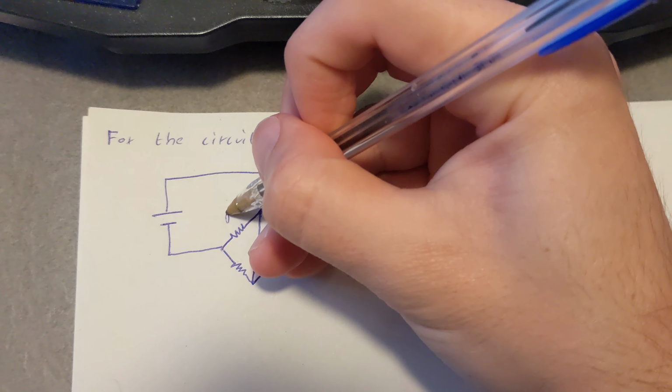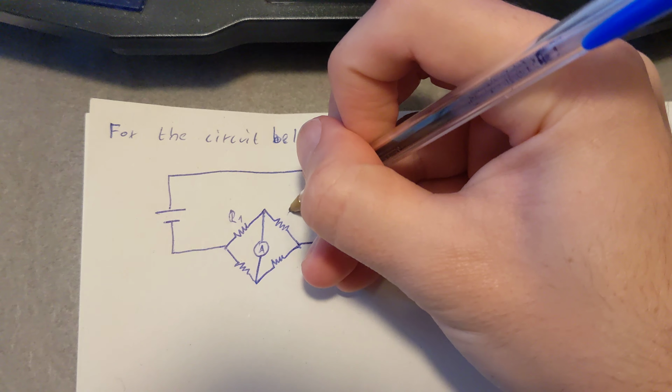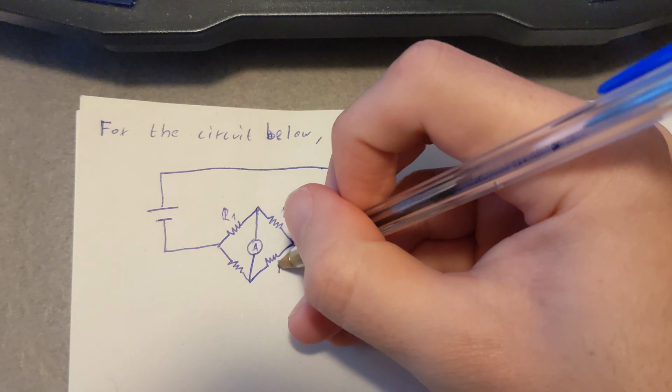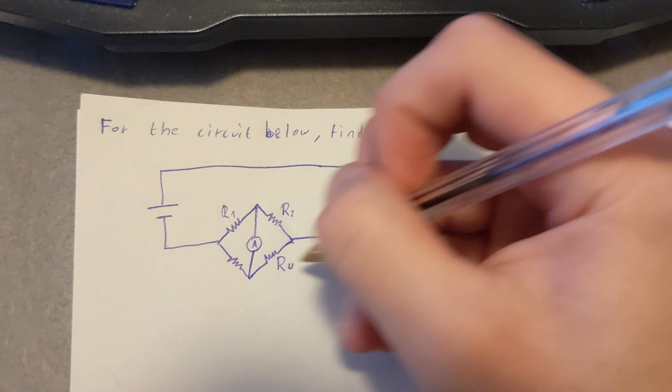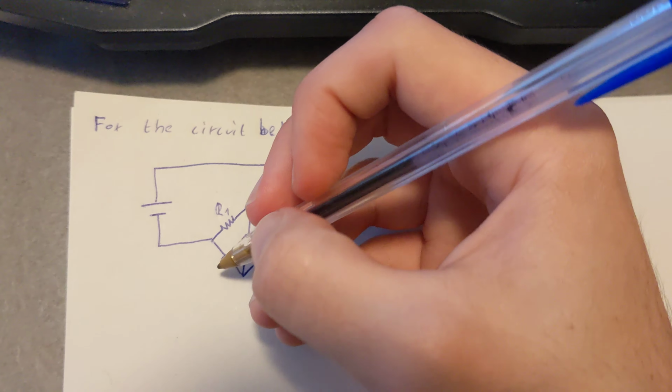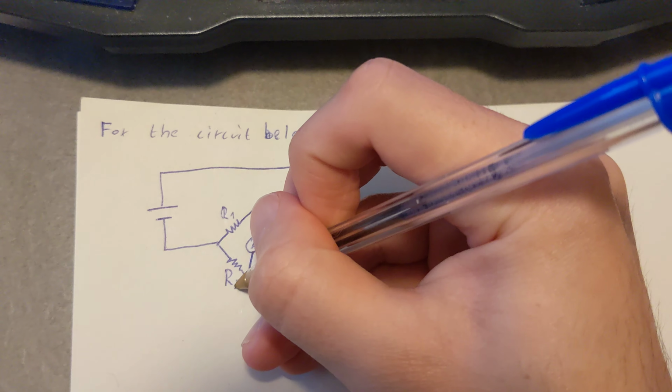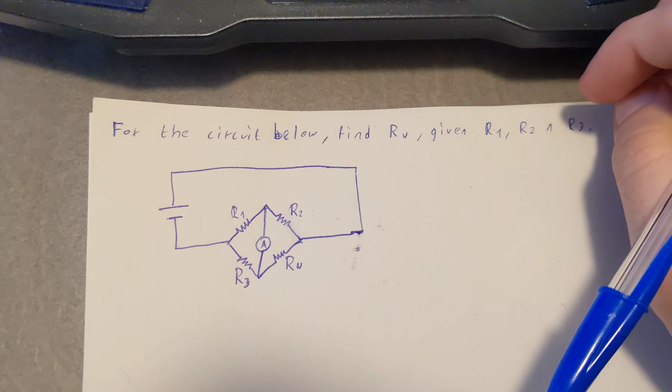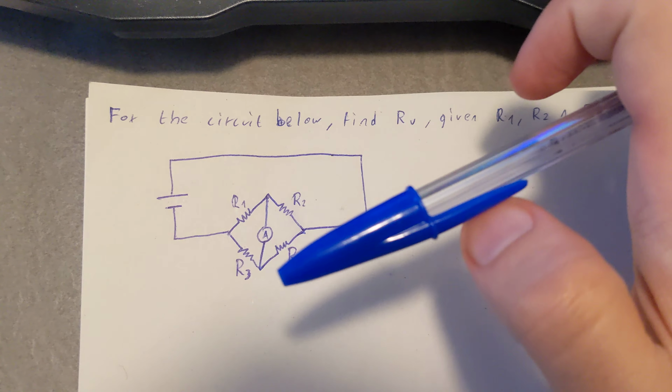R1 is going to be here, R2 is here, this is our unknown, which is the one we have to find, and it's going to be R3. So basically what we have to do is to find R unknown.